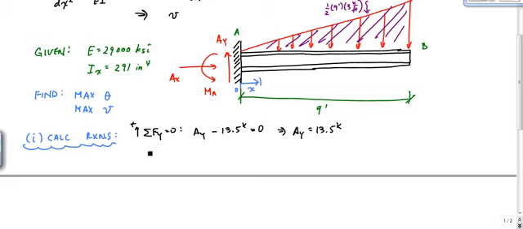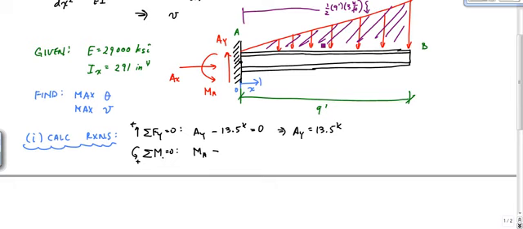And then, to calculate the moment at A, at the fixed support, I'm going to sum moments about a point, about this dot right here, equal to 0. And I would get MA, the reaction, minus the resultant times the distance from here to the resultant.